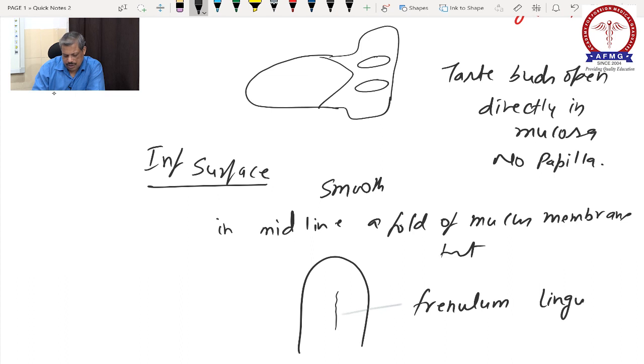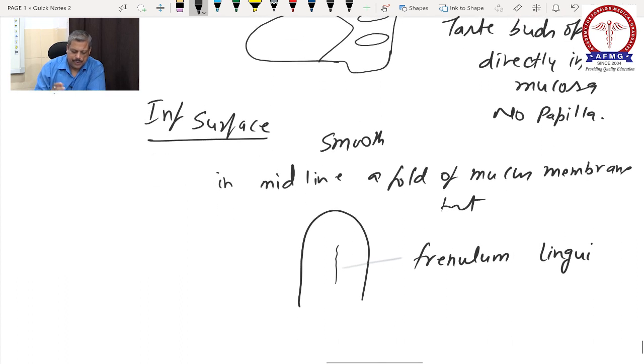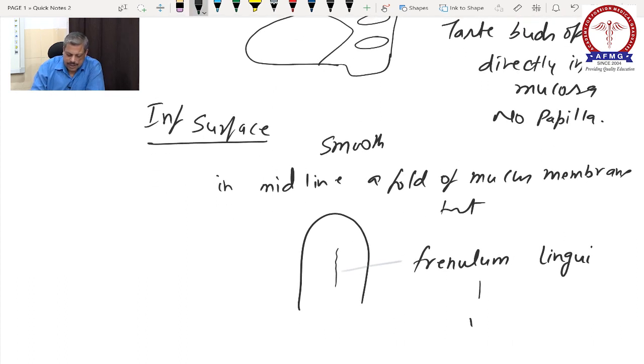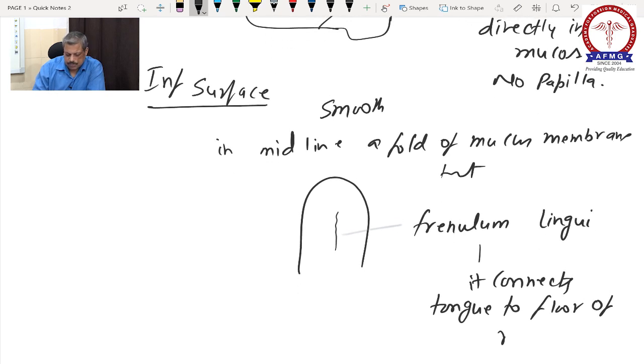That is the frenulum linguae. And this frenulum linguae connects the tongue to the floor of the mouth.